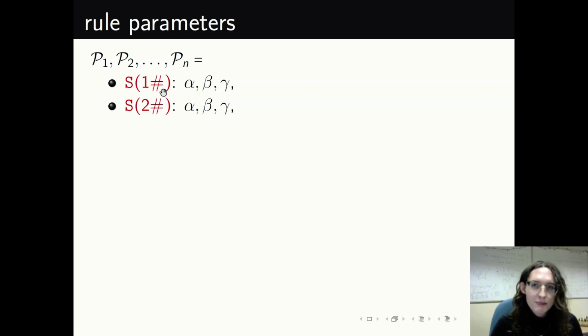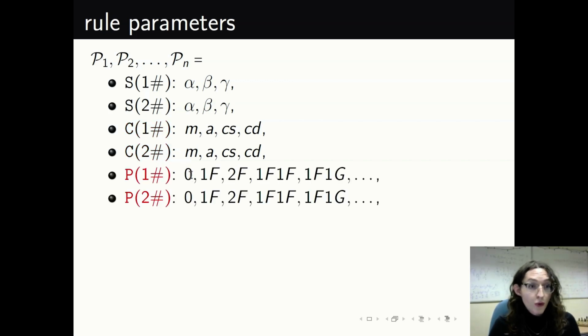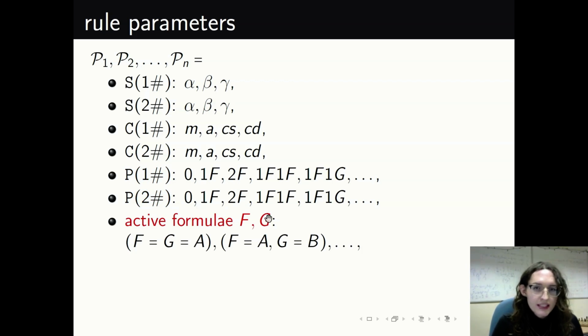So we start our list by listing all of the potential premise shapes in the first component, then all of the potential premise shapes in the right component. Then we continue by listing all of the potential contextualizations in the first component, and then all of the potential contextualizations in the right component. Then we walk through all of the positions of the active formulae in the first and the second component, all of those combinations. And then we walk through all of the possible assignments that we have for the f and g variables of the actual meta variables of the active formulae we want to look at.